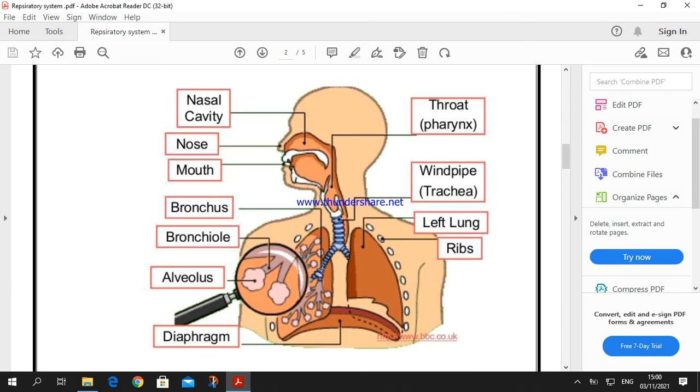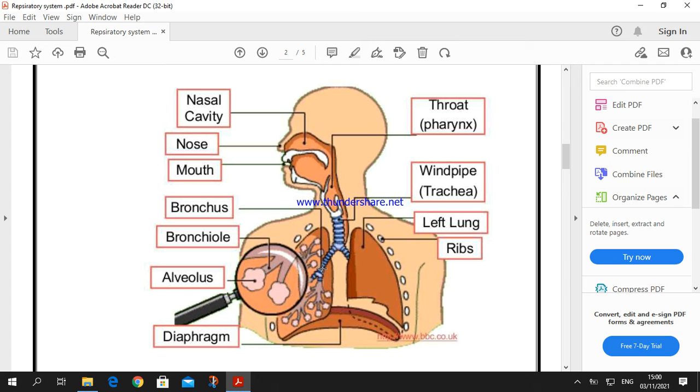okay. So let's start with the journey of air inside our bodies. The air enters into the nose, and the nose contains hairs to filter the air from dust and microbes. Also, the nose contains many blood capillaries that warm the air before entering the lungs.